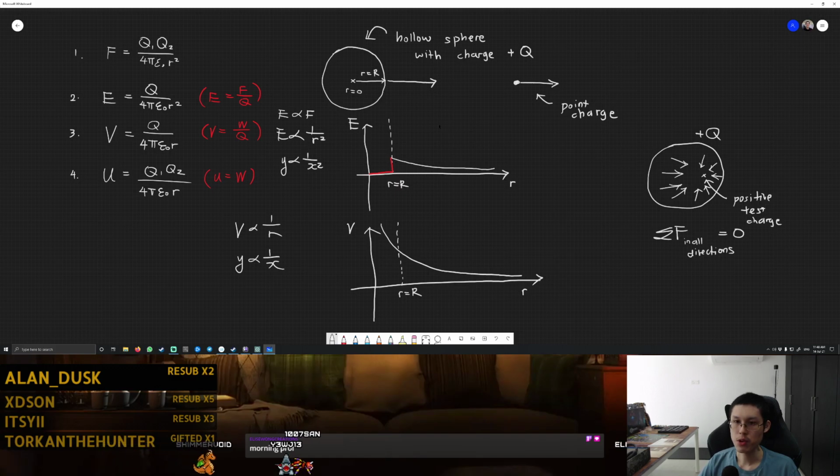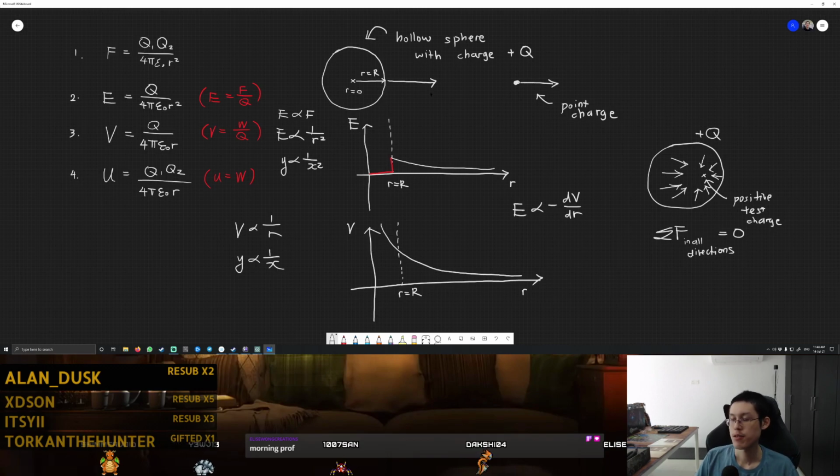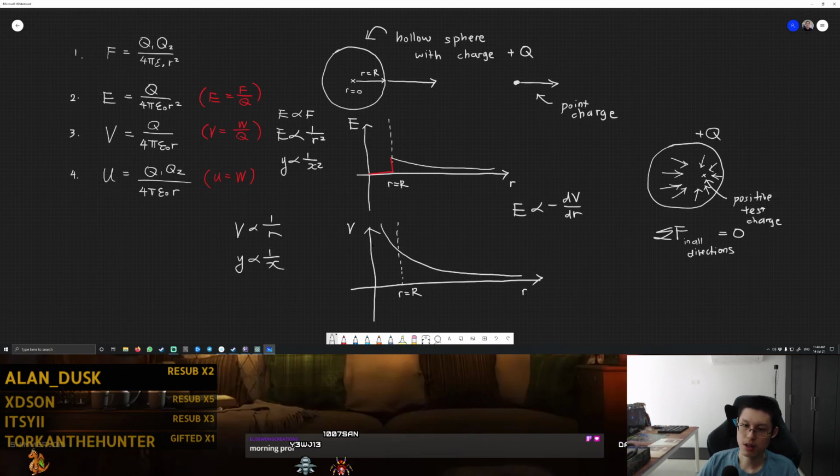And we also know that the potential gradient is proportional to the magnitude of the electric field strength. E is equal to negative dV/dr. So the electric field strength is proportional to the potential gradient. So the negative of the gradient on this graph down here would give you the electric field strength.